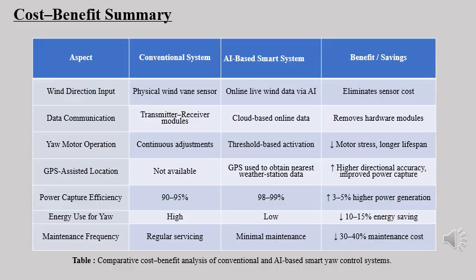By using the AI-based wind tracking system, we can eliminate some hardware components like the physical wind vane sensor and transmitter and receiver, because we can get wind data from the nearby weather station using API code, which reduces our maintenance cost by 30 to 40%, and as a result we will get around 3 to 5% more power generation by using this system.